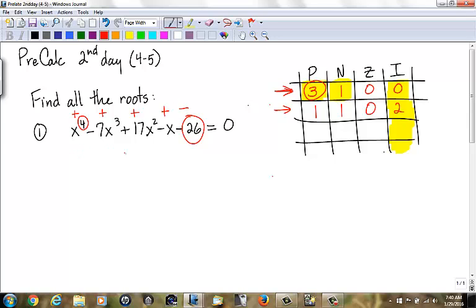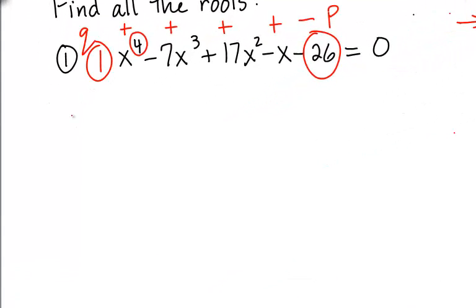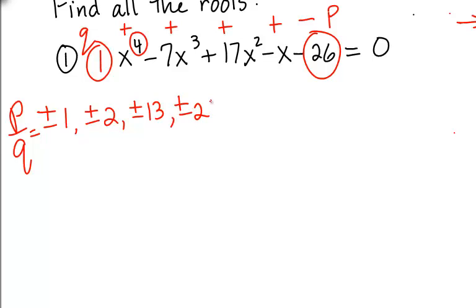The rational root theorem says factors of p divided by factors of q. So you want all the numbers, p over q. You want all the numbers that are factors of 26: positive or negative 1, positive or negative 2, positive or negative 13, and positive or negative 26.